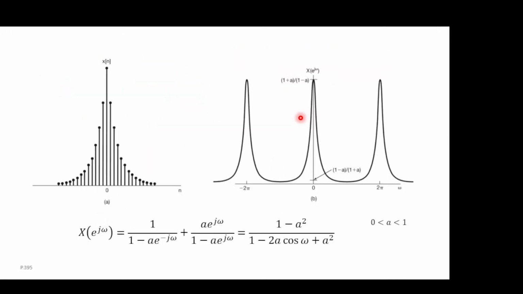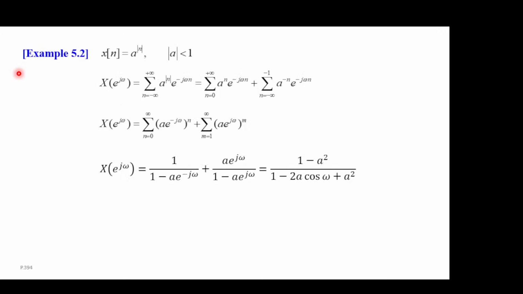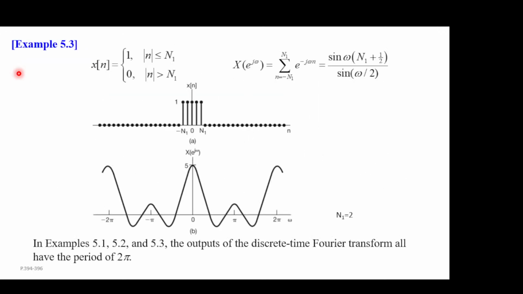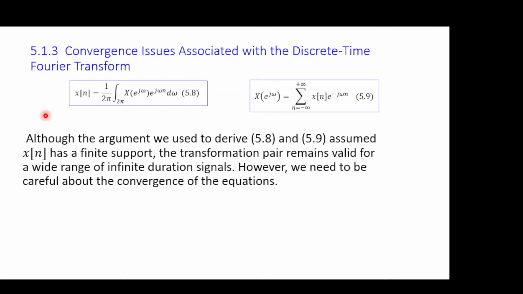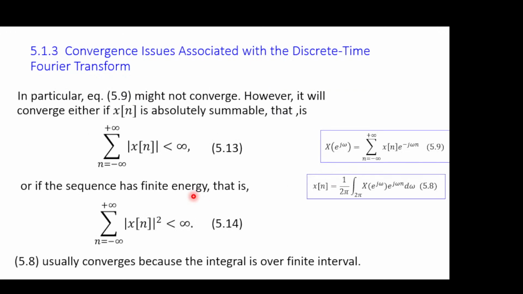Say for example, you can imagine if instead of exponential decay you have a growing exponential, then your summation will just not converge if your x of n just goes to infinity. Okay, so we need to be careful about the convergence.